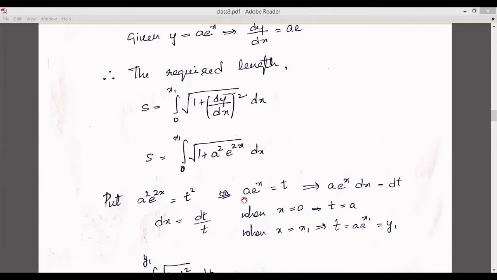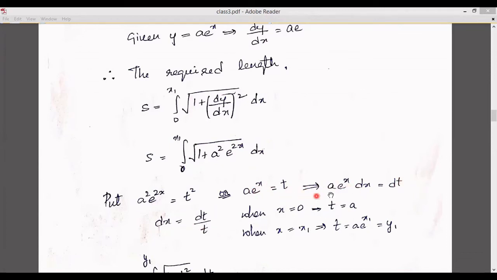So with the substitution, you will get root of 1 plus t square. And you also need to write what dx is, and change the limits accordingly. So a into e power x dx will be equal to dt.